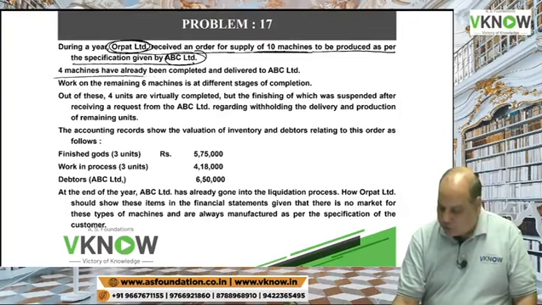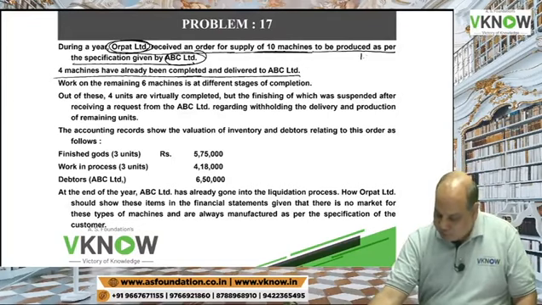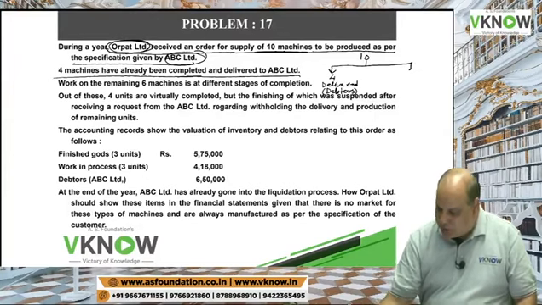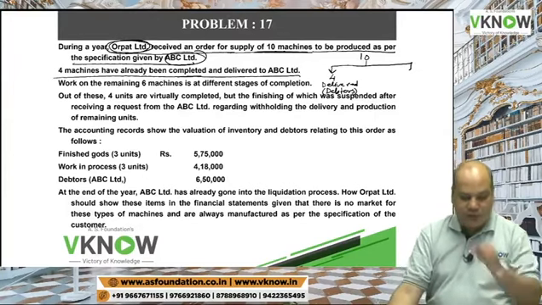4 machines have already been completed and delivered. So out of 10, 4 have been delivered. If 4 have been delivered, it means the amount is recoverable from the customer now, so it is a debtor.